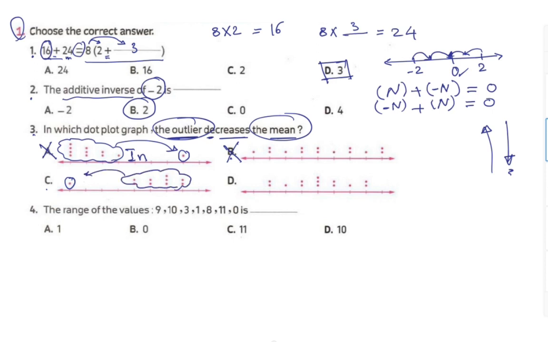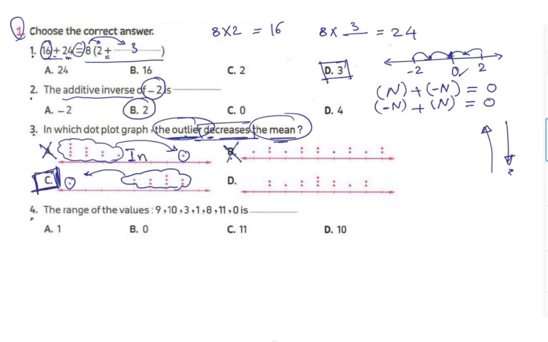To the left of the rest of the dots. So when you have an outlier like this dot to the left of the rest of the dots, that means this outlier will decrease the value of the mean. So C is the correct answer.